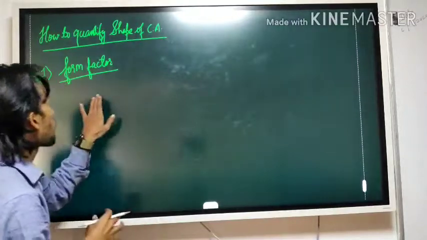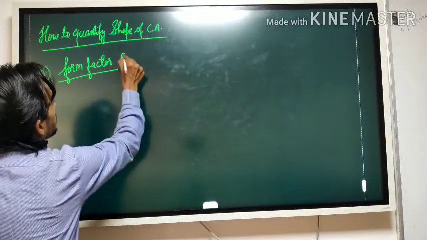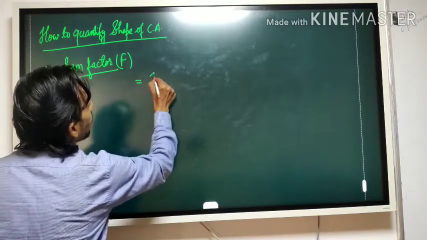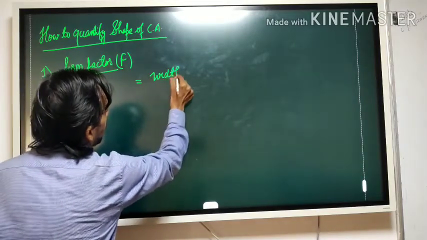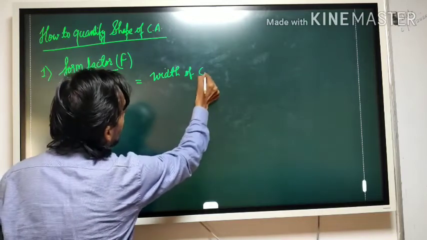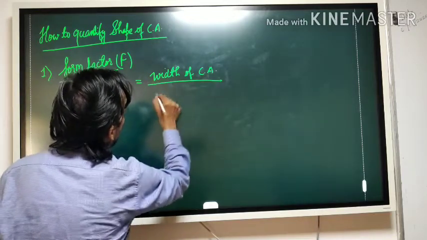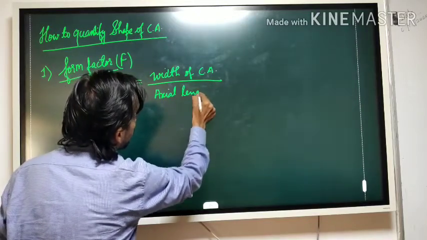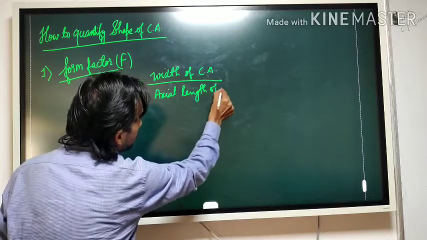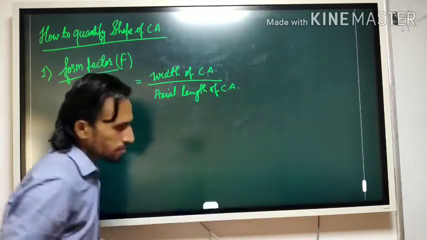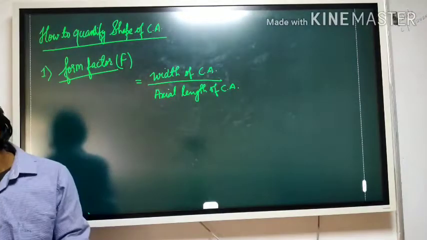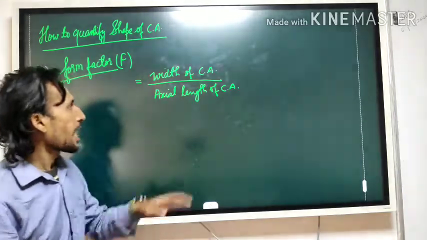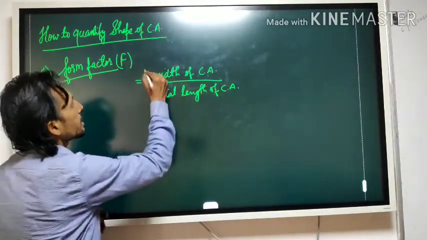So what is this form factor? It is represented by the letter F, and it is the ratio of the width of the catchment area and the axial length of the catchment area. Basically this is the average width.